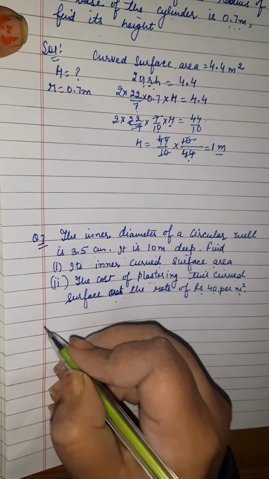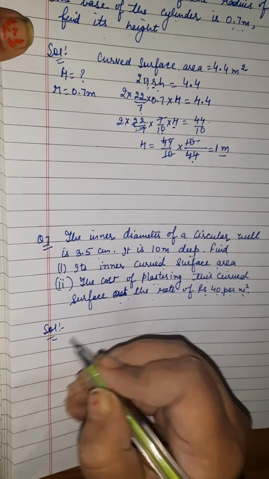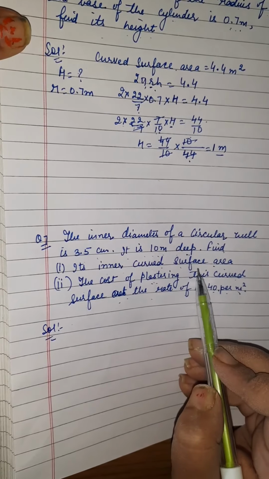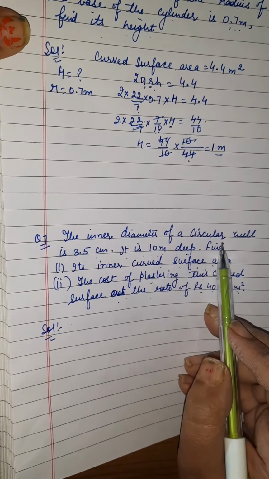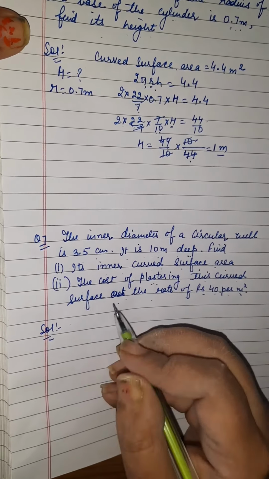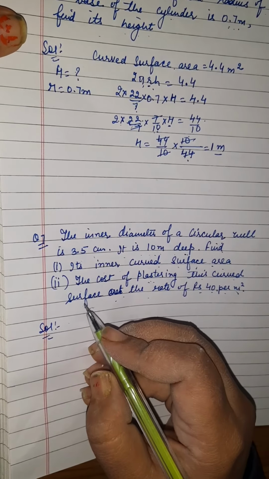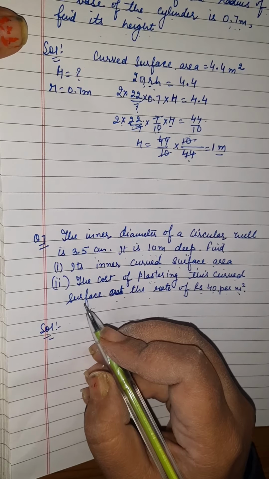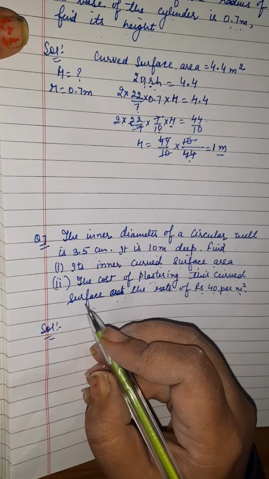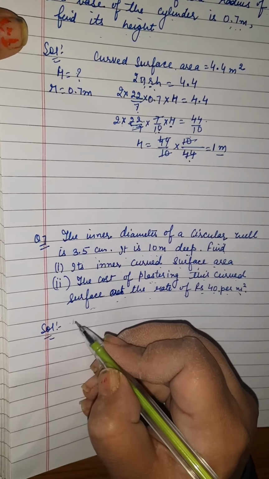First, what we have to find: the inner curved surface area, and the well is the shape of a cylinder. So the inner curved surface area of the cylinder is 2 pi RH.